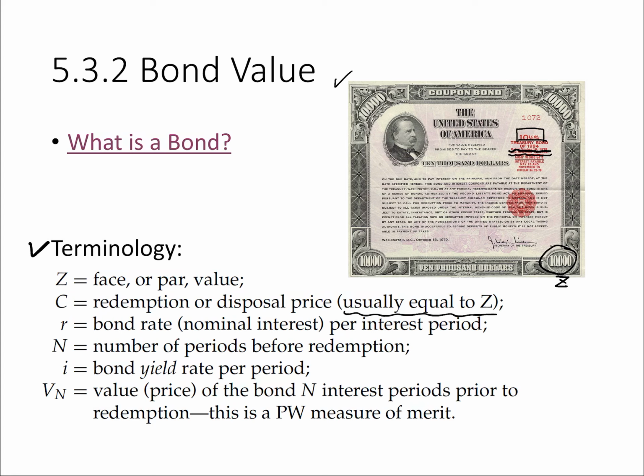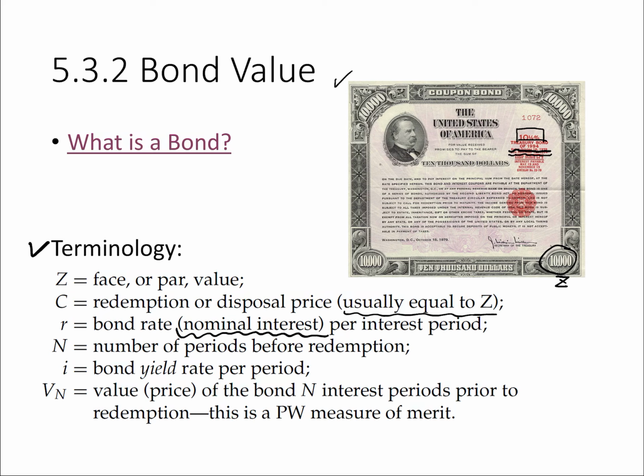How much is that amount? That is called C, the redemption, and usually it is equal to the face value of this coupon. So your coupon, one piece of paper, is 10,000 in this case, and after 20 years, you're gonna get that 10,000 back. So that's the redemption.